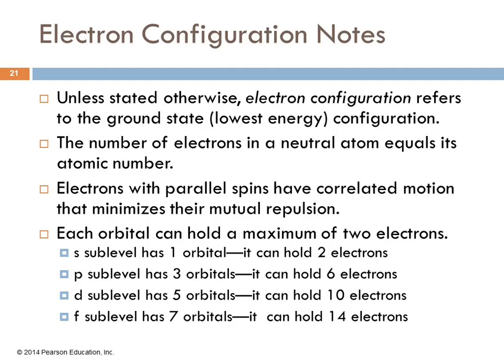But unless otherwise stated, we're talking about ground state. The number of electrons in a neutral atom is equal to its atomic number. We've covered that, but don't forget. So if we're going to do sulfur, sulfur is element number 16. That means it has 16 protons, it has 16 electrons. So we get the number of electrons we have to mess around with from the periodic table.